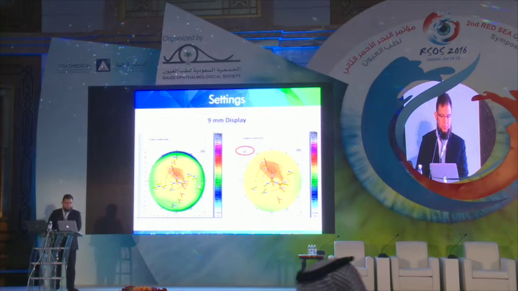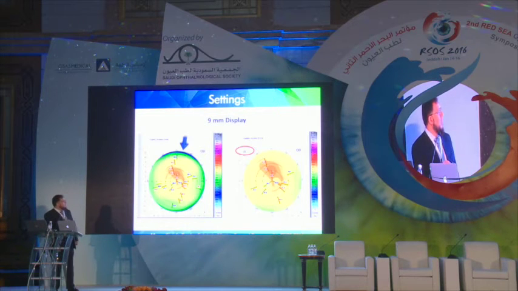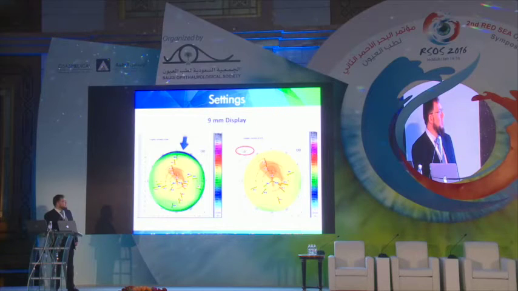Because when we have black dots at the periphery of the cornea, as you see here, this means that there is missing data, and the computer has extrapolated these areas, assuming them according to the nearby clear areas. So when we enlarge to the 9mm display and we find these dots have disappeared, the quality of this picture is acceptable.